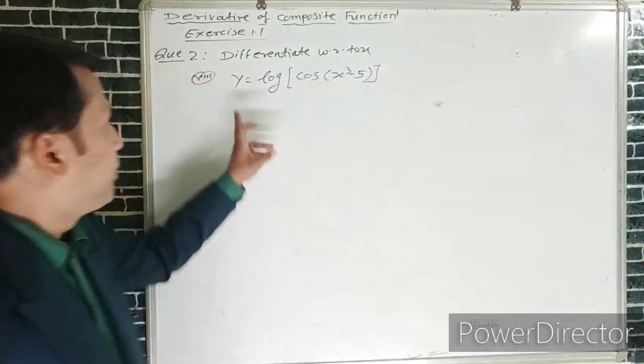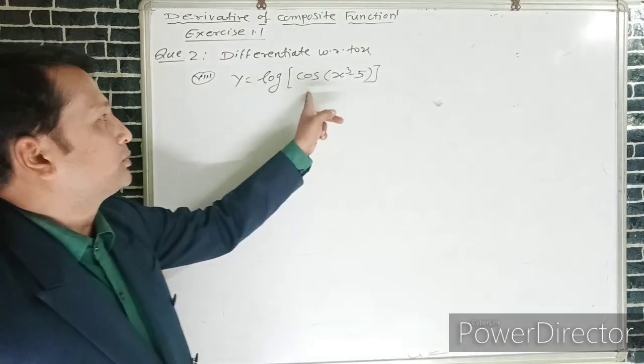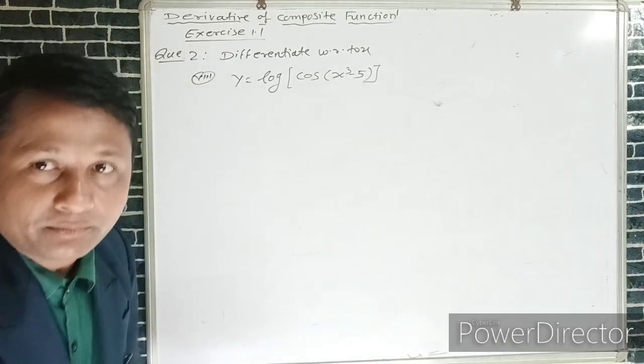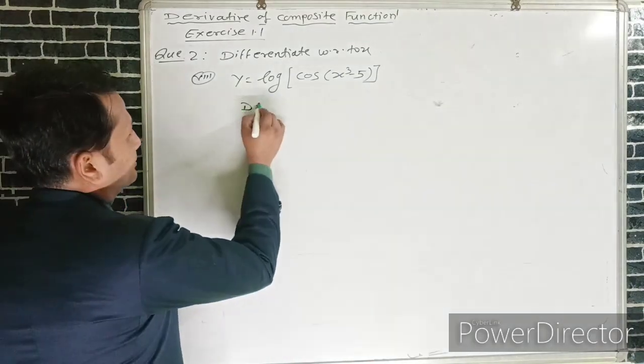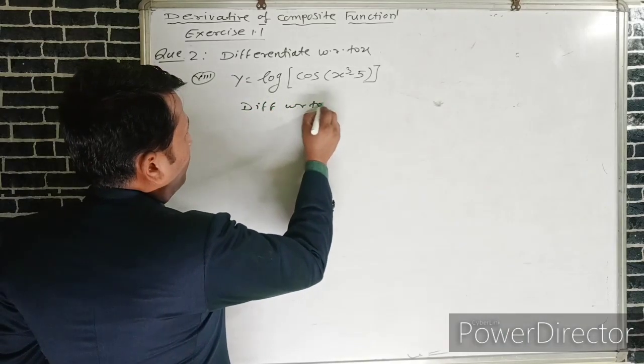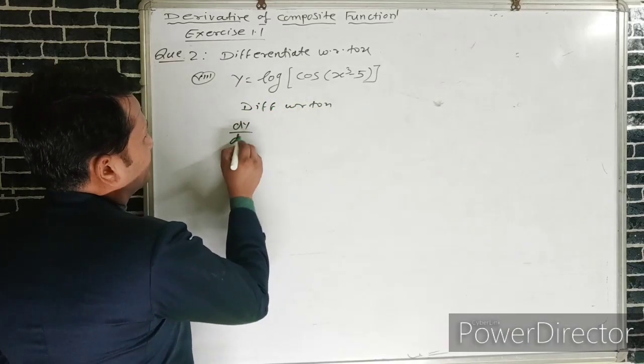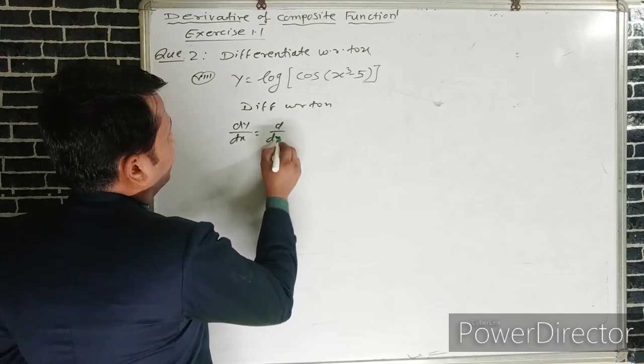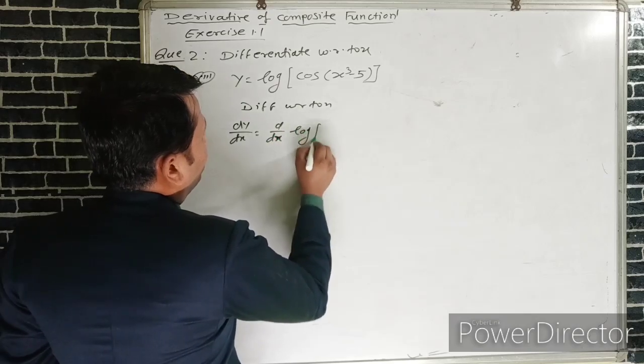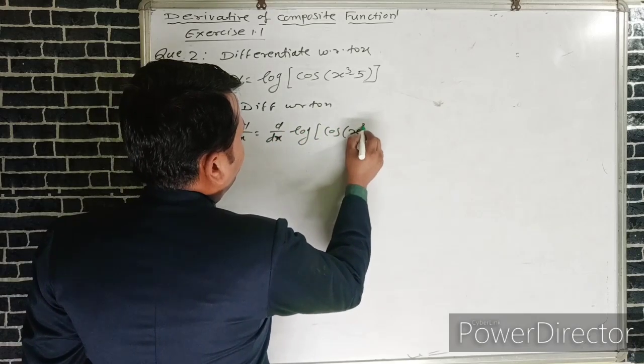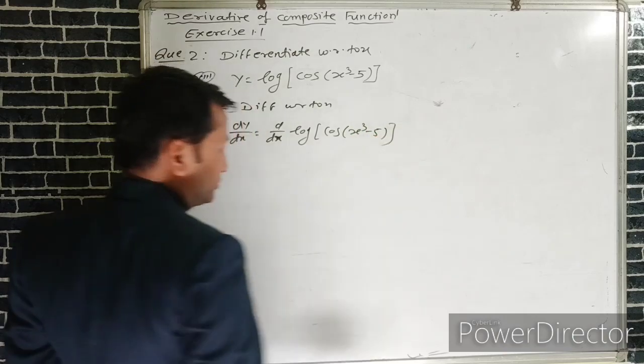Next one, y is equal to log of cos of x cube minus 5. After differentiating, dy by dx, we take again a derivative of log of cos of x cube minus 5.